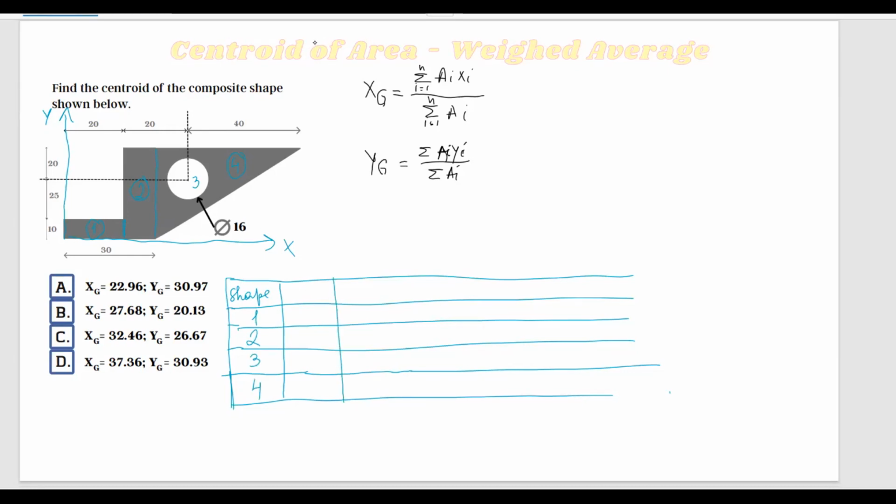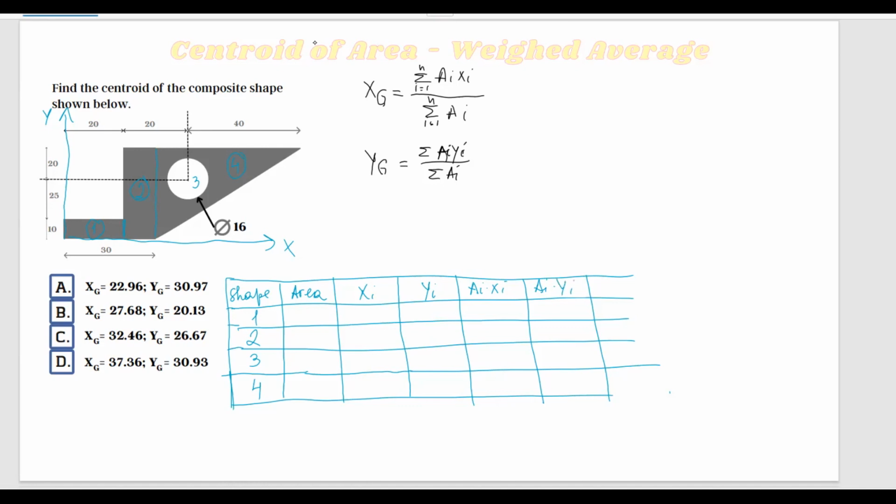Next, I'm going to add the area. Then I will have X, and then Y. Next I will have area Ai multiplied by xi, and here Ai multiplied by yi.